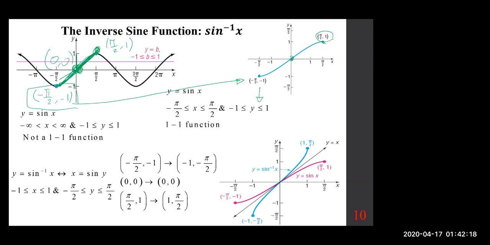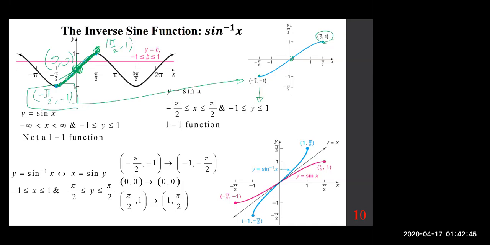Now, when they are graphed together, class, the graph of y equals sine x in red and the graph of y equals sine inverse in blue, we got the general shape.